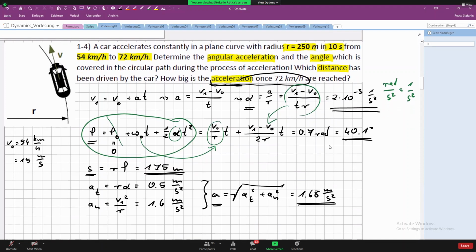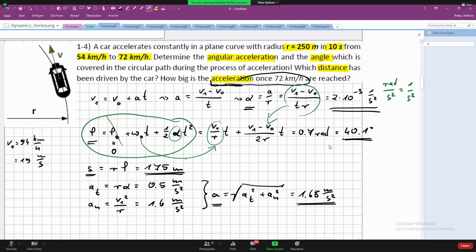For phi, why did we take phi 0 plus omega t plus alpha t square? What if someone used a formula only phi is equal to omega t? Sorry, I didn't understand your question. Why did we use this long formula? What if someone used only phi is equal to omega t?